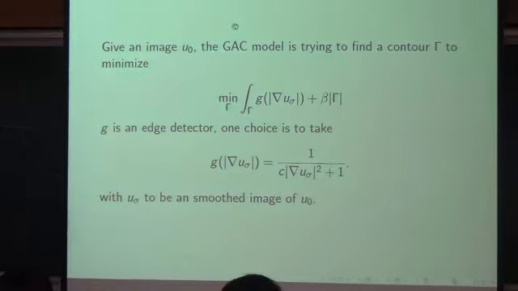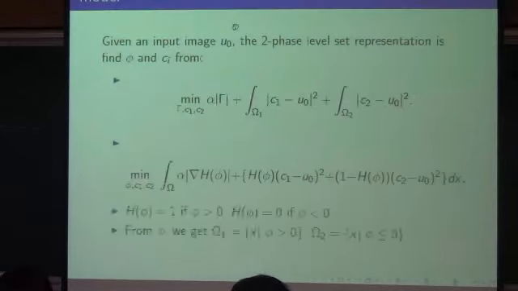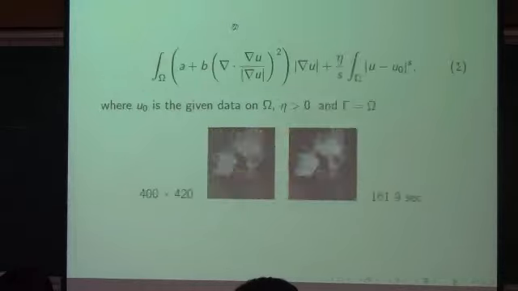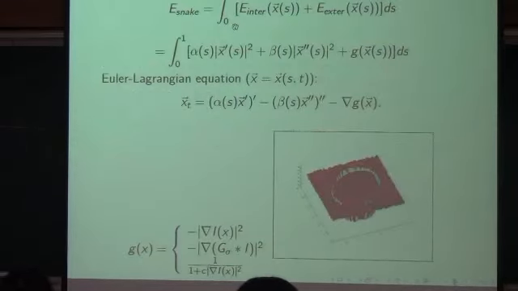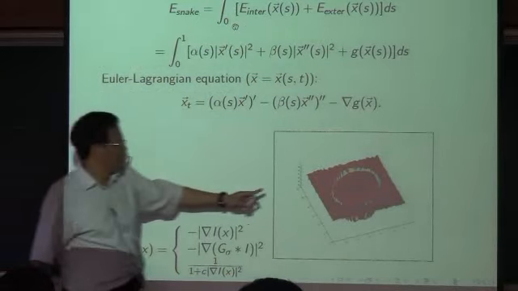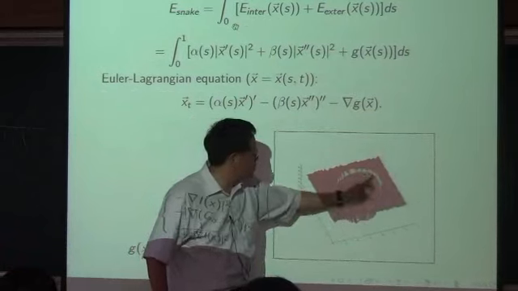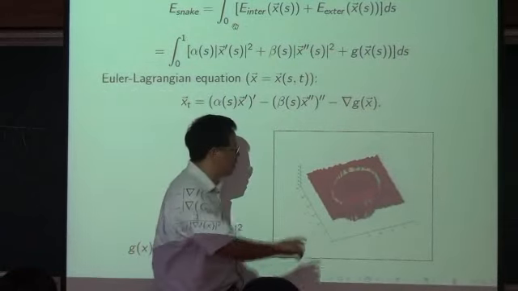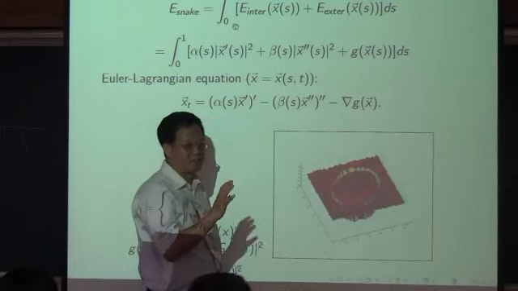So this is essentially like this. This is the edge detector. You have a function, and it is the smallest here. You want to find the curve such that the integral of this function on that curve is smallest.